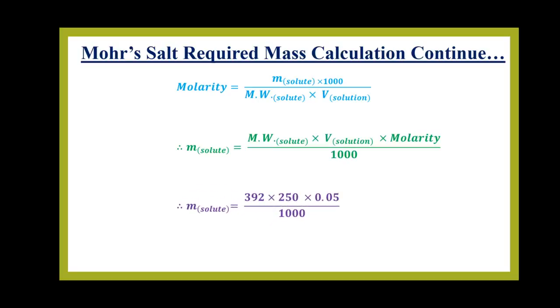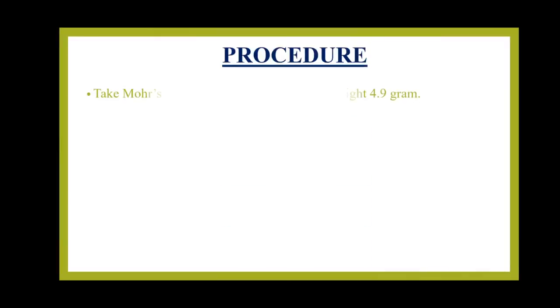Replace all the values and simplify, and you will get the mass of solute is 4.9 gram, right? So if we want to prepare 250 ml of 0.05 molar Mohr's salt solution, we require 4.9 gram of Mohr's salt, right? The procedure is the same as oxalic acid.